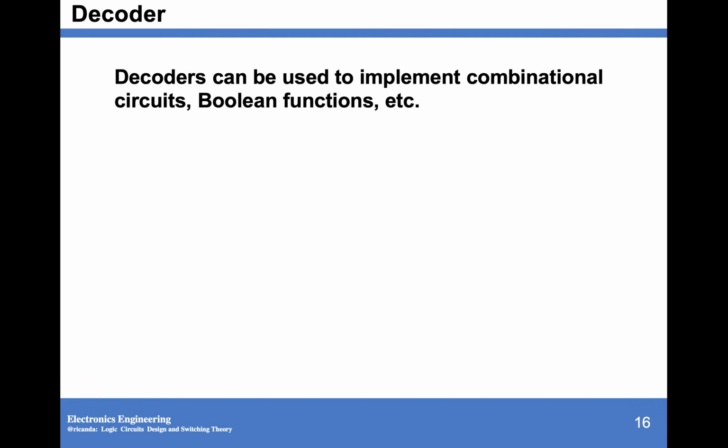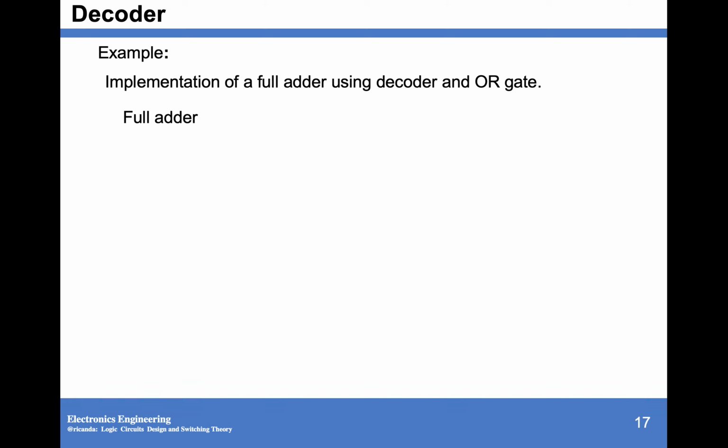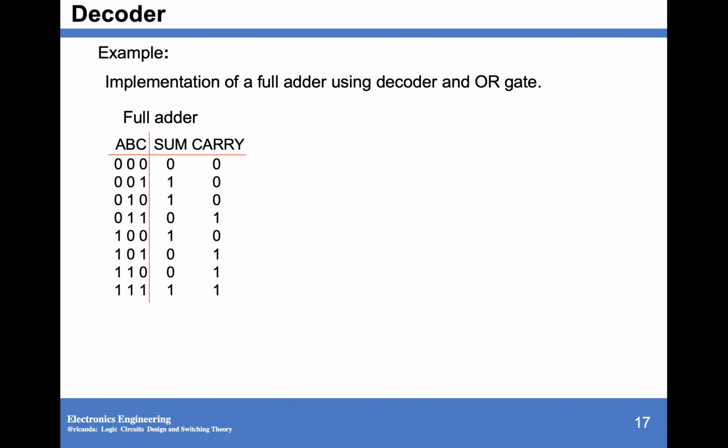So a decoder can be used to implement combinational circuits or Boolean functions. For example, if we have to implement a full adder using a decoder and OR gate. For the full adder, we have this truth table and a symbolic expression in terms of your sum, where you have a 1 at 1, 2, 4, and 7. And your carry in the symbolic expression has a 1 at 3, 5, 6, and 7.